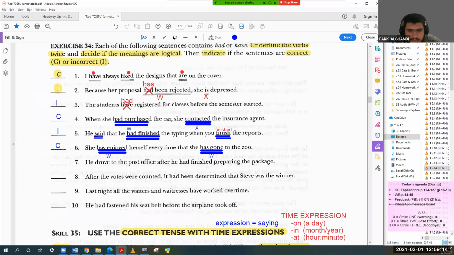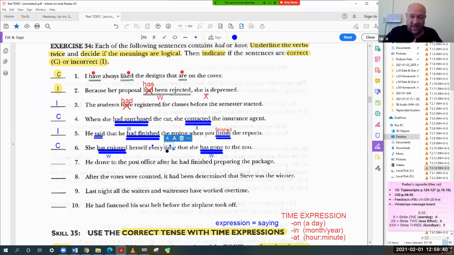But in this example, we've got some words that tell us that this action is repeated, because of every time. With this phrase, it changes the situation. So it's clear that she went there and then she left again.